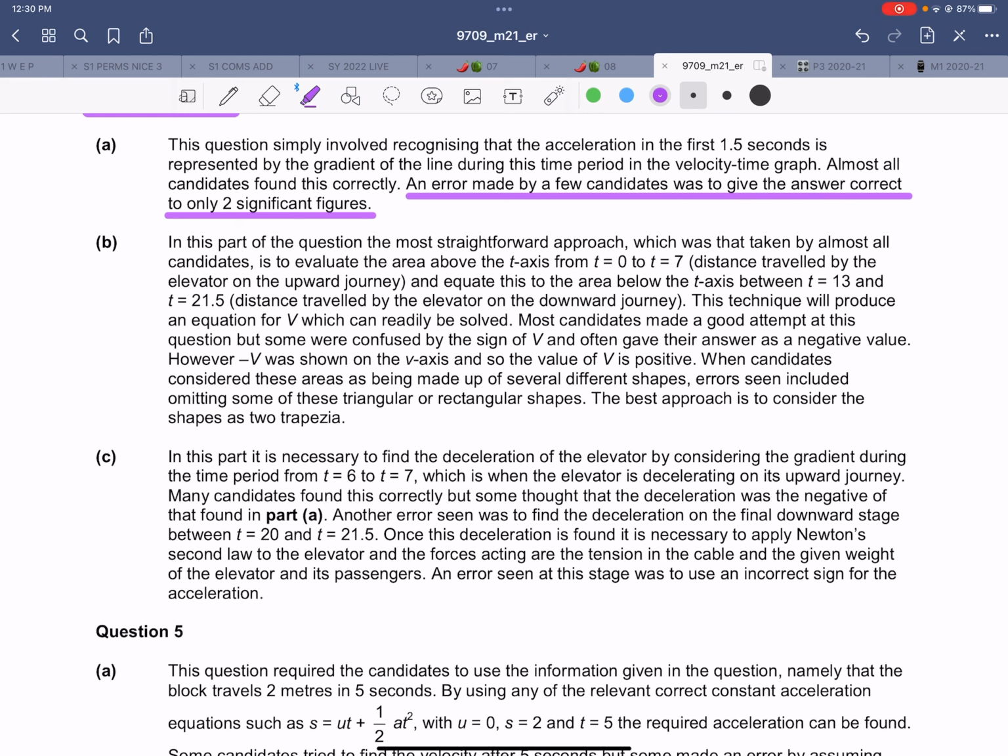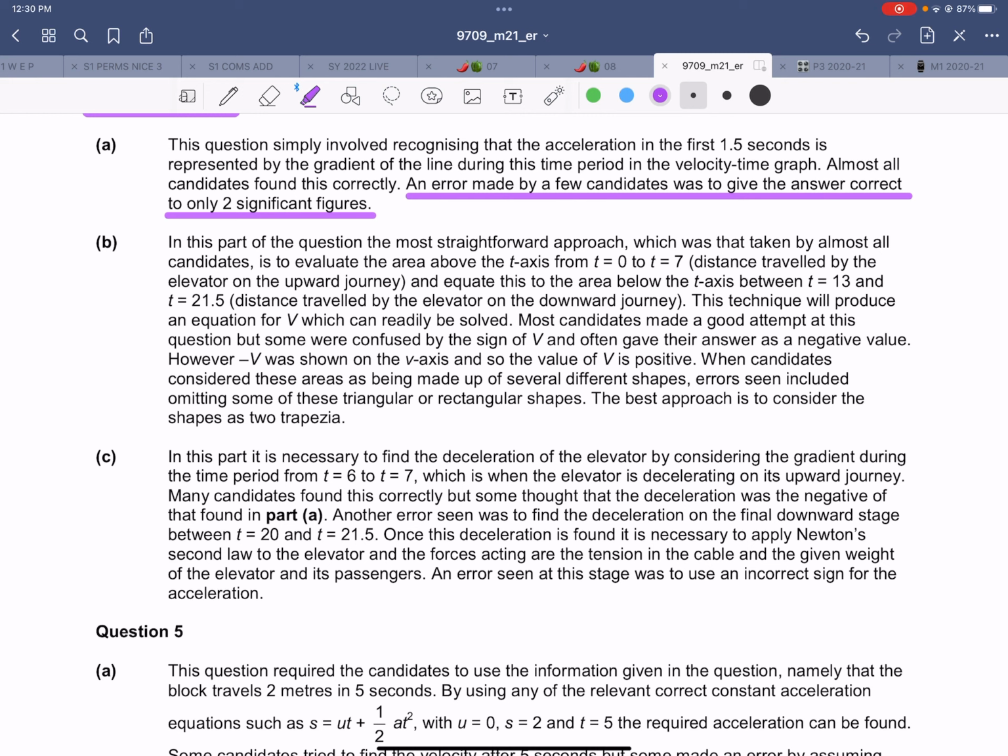Second part, in this part of the question, the most straightforward approach which was taken by almost all candidates is to evaluate the area and equate it to the area below the x-axis. That's the straightforward. This technique will produce an equation for V which can be readily solved.